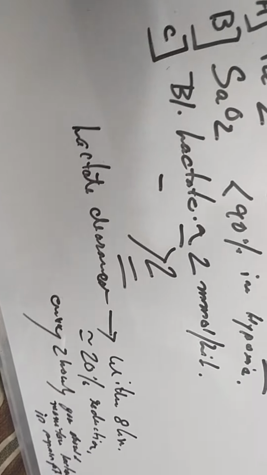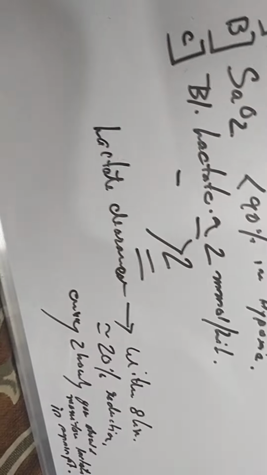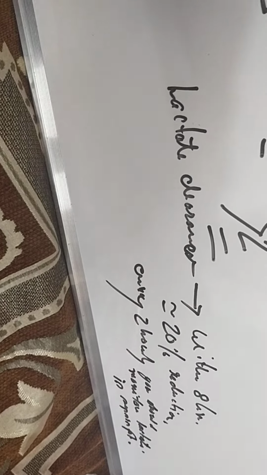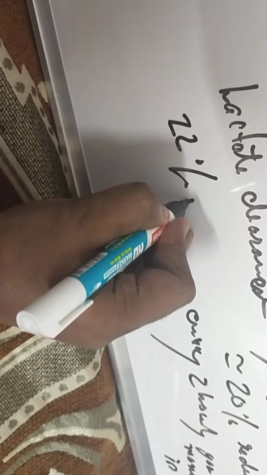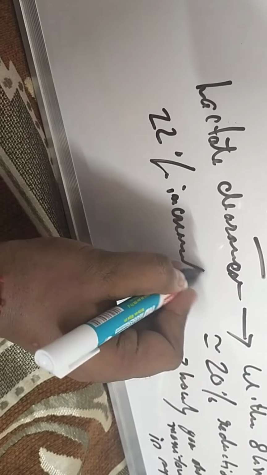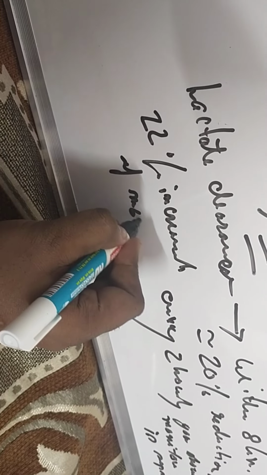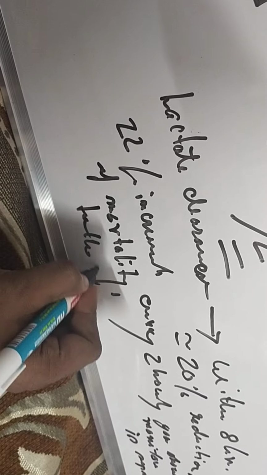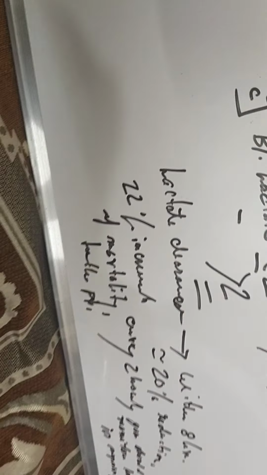If within 8 hours the 20% reduction is not seen in that patient, there is a 22% increment of mortality. You should predict that patient mortality may increase 22% compared with normals.